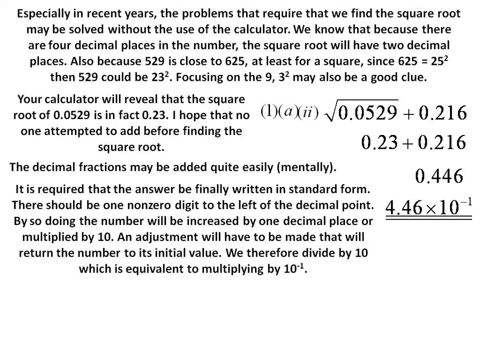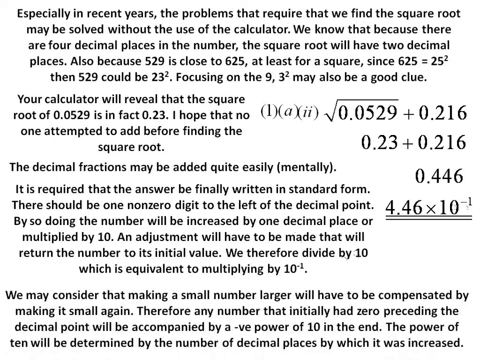Now we cannot just leave the number multiplied by 10. We have to bring it to its original value. So if we multiply by 10, to bring it back to its original value, we'll have to divide by 10. Dividing by 10 is the same as multiplying by 10 to the power of negative 1, and hence what we have right here.